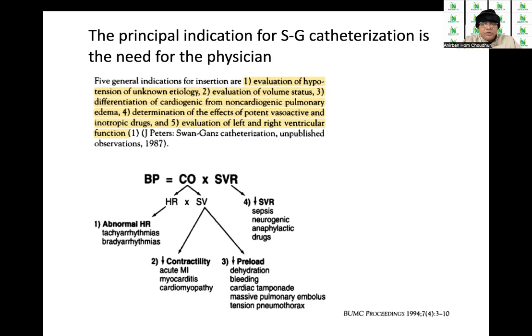The preload is reduced in dehydration, bleeding, cardiac tamponade, massive pulmonary embolism, tension pneumothorax, all of which also reduce the stroke volume and ultimately the cardiac output. And abnormal heart rate like bradyarrhythmias and tachyarrhythmias can also lead to a fall in the cardiac output.